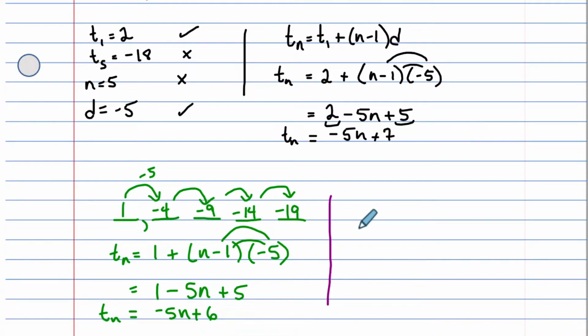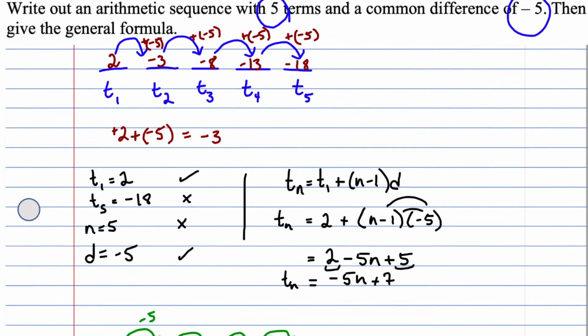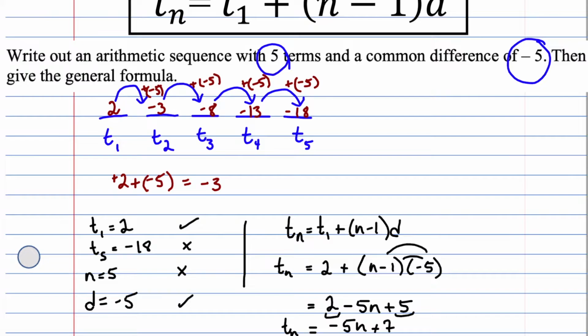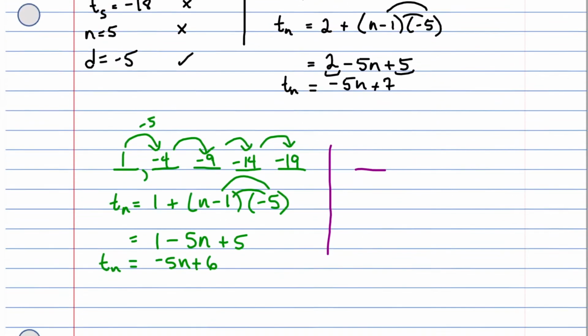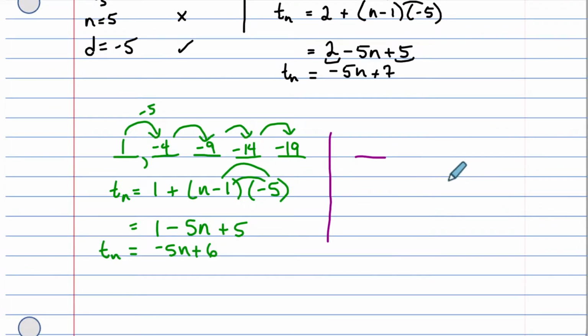One more. What would happen if I started, let's say I started with a -3. So -3 here was the second term. Let's say my pattern I wanted to write the general form would start with a -3. What would that look like?